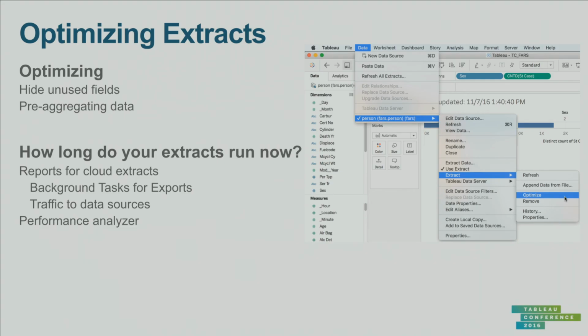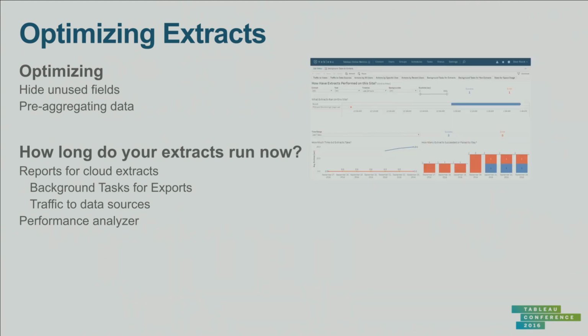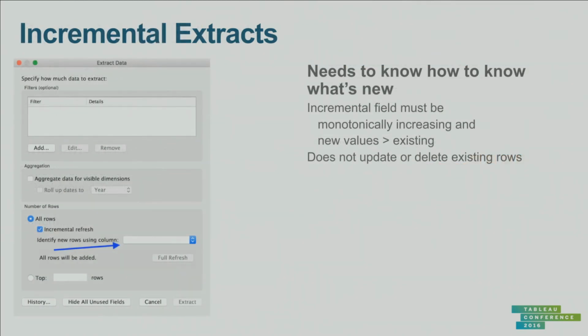One other note about incremental extracts. Incremental extracts are a lovely way to reduce the amount of data that you send in any one extract. You can imagine if you started off with 500 megabytes of data, the next day you might be adding another 1 megabyte. Instead of sending all that data again, you can say, just give me everything after this point in time, or after this ID or this indicator.